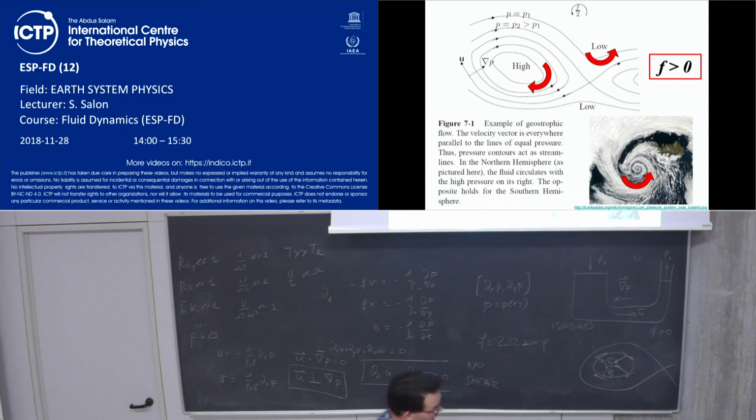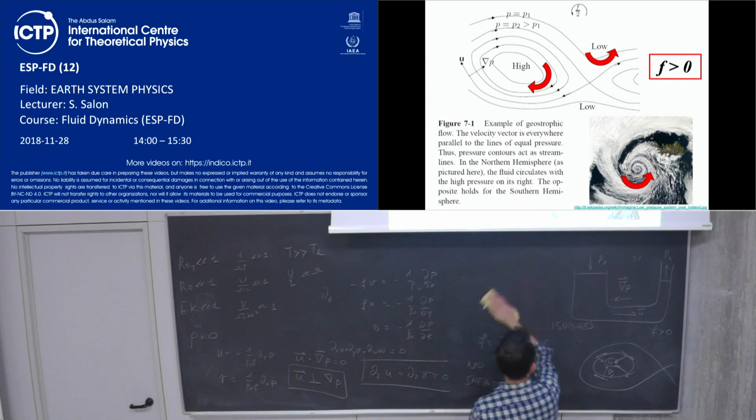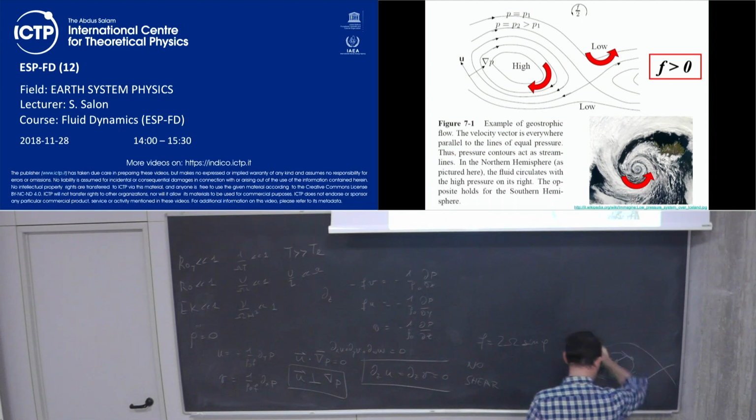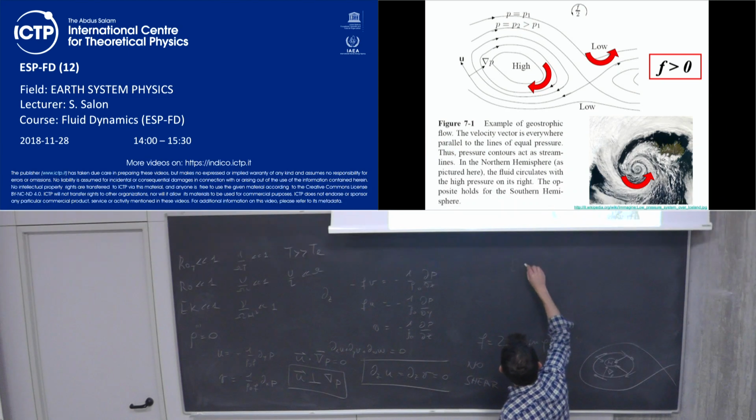And another interesting thing is that if we consider, so we make a slightly more stringent approximation. So we say that the variation of the Coriolis force over y is 0.